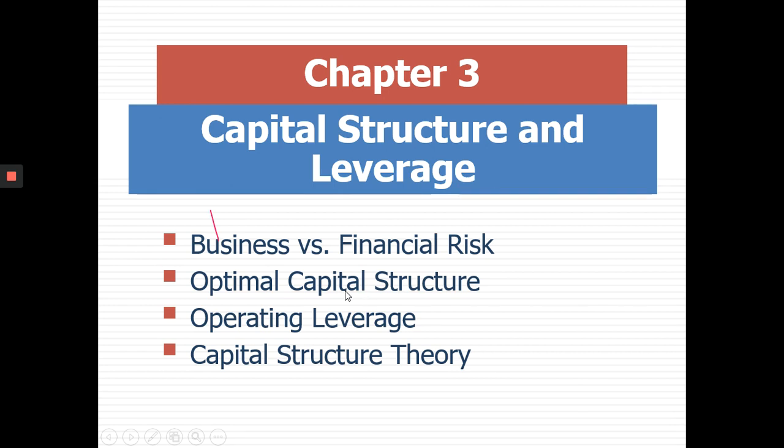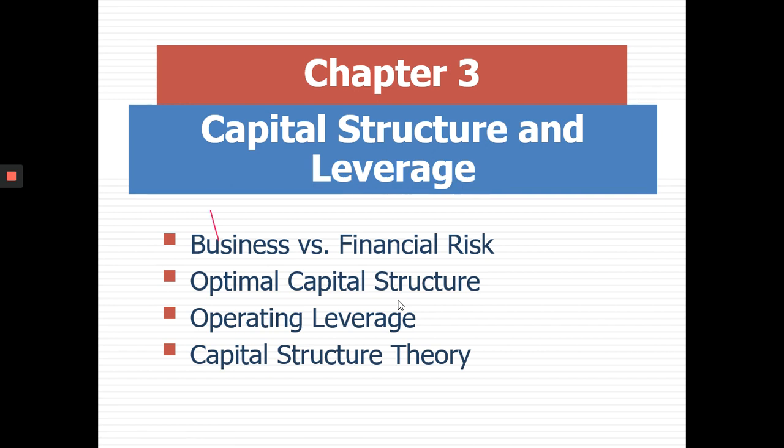Alright, the main topics that we're going to study today are business versus financial risk. We're going to learn in depth what is business risk and what is financial risk, and then what is capital structure and what is optimal capital structure. Capital structure means how does a company get financed?